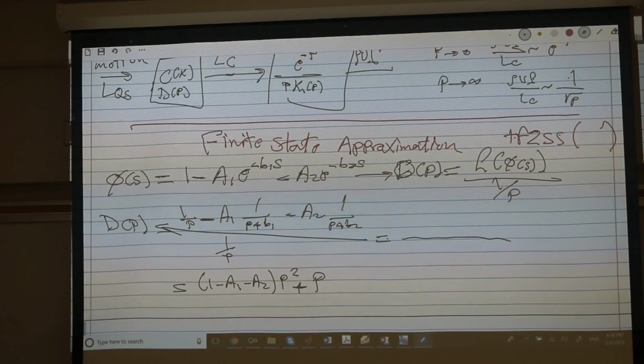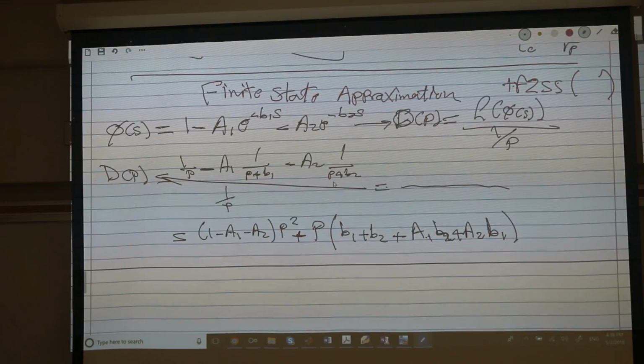And here is the coefficient of p. It's b1 plus b2 plus a1 b1 plus a1 b2 plus a2 b1. And the free term, let's see what's the free term.